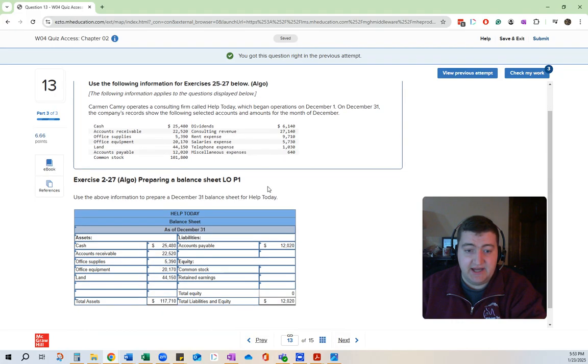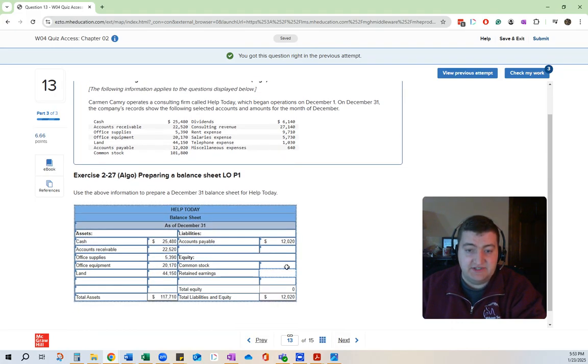All we have to do is enter that in over here with retained earnings, and that accounts for all of our equities. So we don't have to enter in everything again. Our common stock was 1, and then retained earnings we calculated was $3,890, and it's going to fill in automatically.